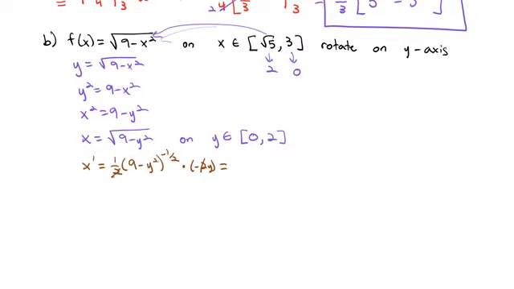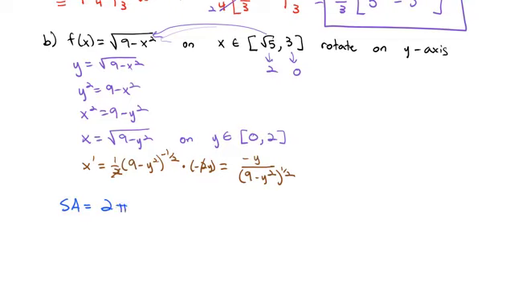So when we simplify, we're left with negative y over 9 minus y squared to the 1/2 power. There's our derivative. OK, we have the pieces we need. Now we're ready to go after the surface area.